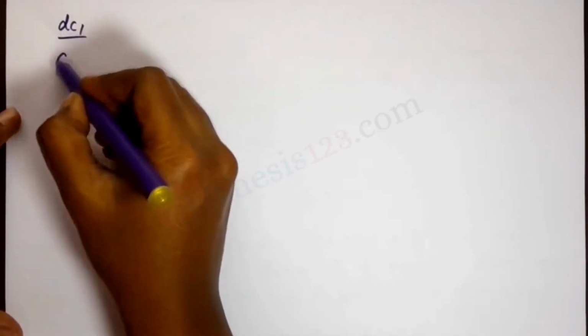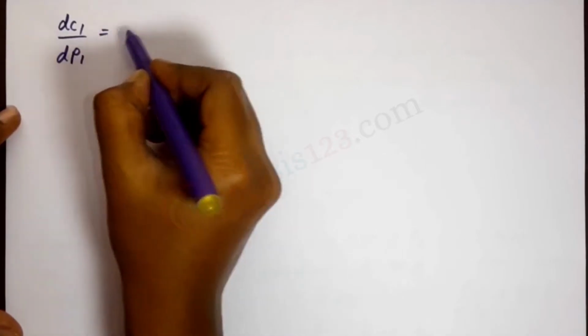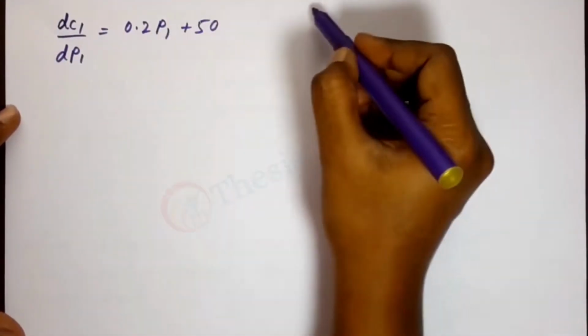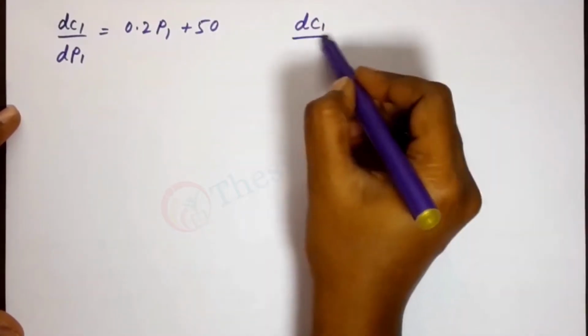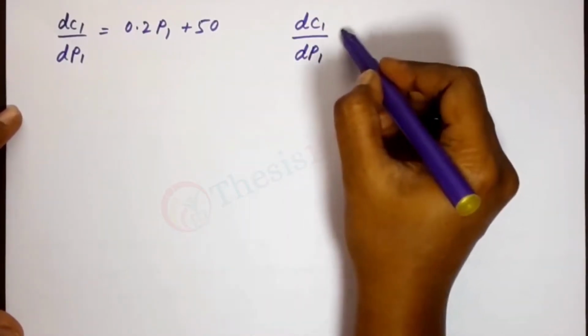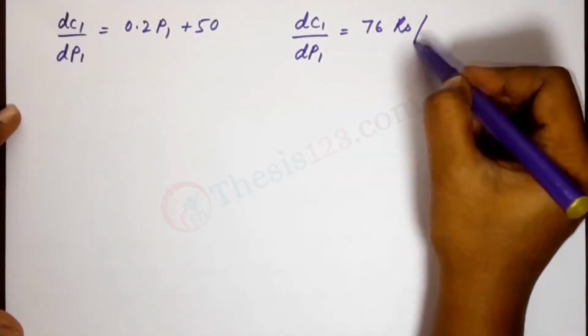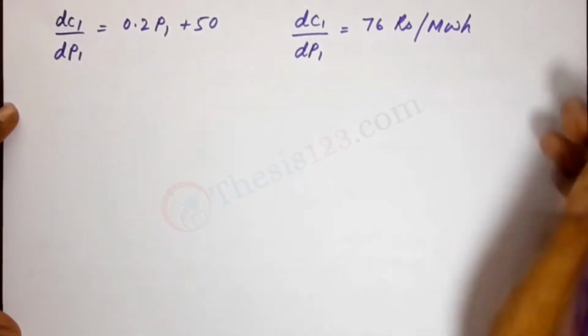I'll write it down here. So we have dC1/dP1 equals 0.2 P1 plus 50, and the value of dC1/dP1 is given as 76 rupees per megawatt hour.